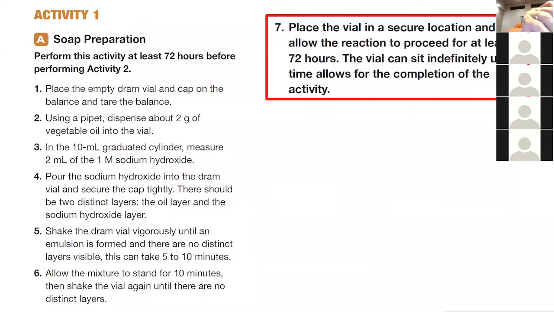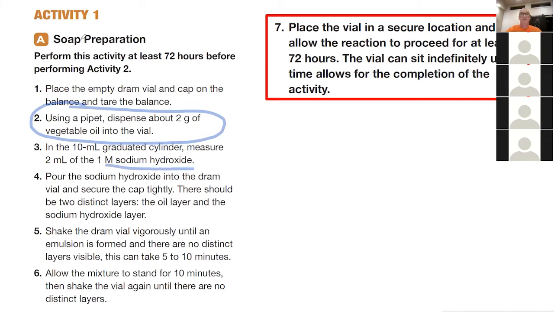We're going to use about 2 grams of vegetable oil. Put the vial directly on the balance, tare it, and then drop liquid in with the transfer pipette, I think they even give you one in here, until you get about 2 grams. Then measure 2 mL of the 1 molar sodium hydroxide.